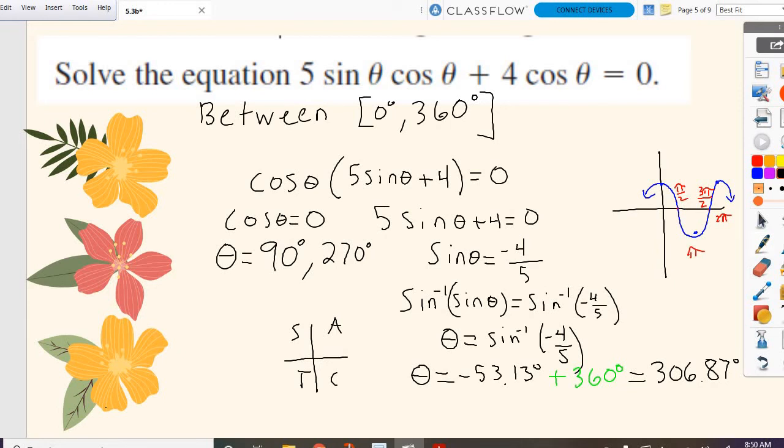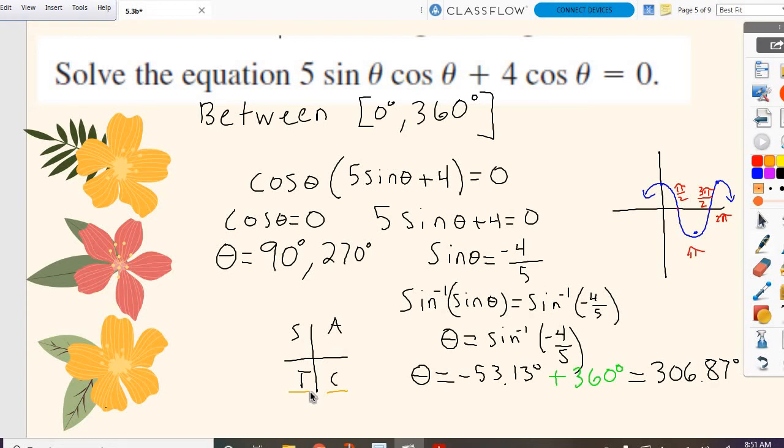However, because now we're solving a general equation, we want all of our solutions, so we have to think about whether there is anywhere else that would happen. And there is, because notice that sine is going to be negative in my fourth quadrant, but it will also be negative in my third quadrant. So the 306.87 is what gives us our fourth quadrant one, but we also still need to find our third quadrant one.